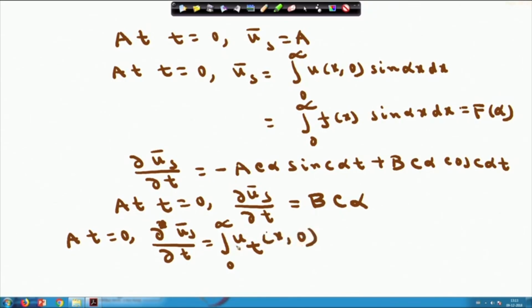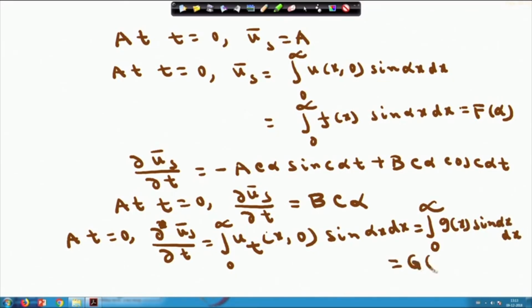Please note this one, because this is del u del t basically, del u del t into sin of alpha x dx. And you know the u t x 0 or del u del t value at t equals 0 is g x. So, this equals integral g x into sin of alpha x dx.